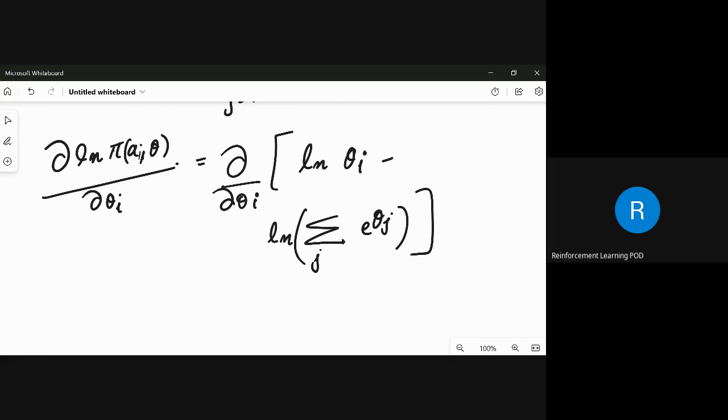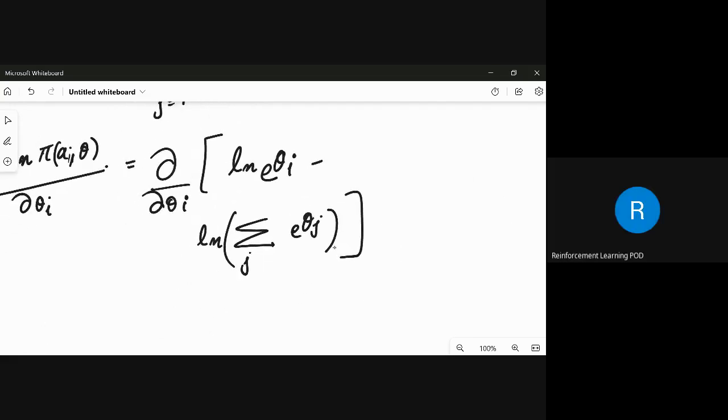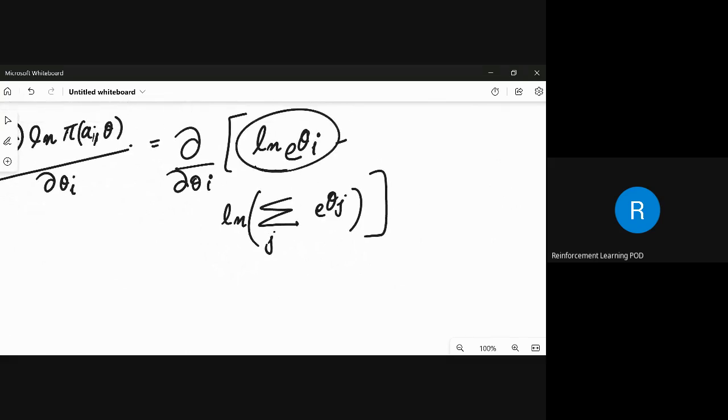Is that correct formulation? Wouldn't it be just theta i? Okay, so ln of e to the theta i will be theta i only, no? Yeah, I'm going to write it right now. This will become just plain theta i.